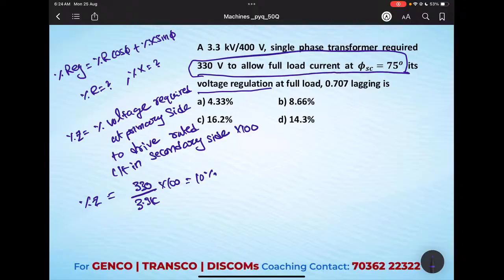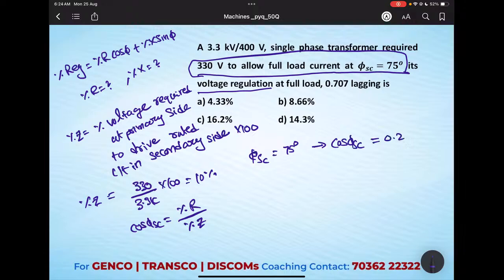You might have studied in networks that cos phi SC is equal to percentage R divided by percentage Z, where phi SC is given as 75 degrees. From this, cos phi SC comes to approximately 0.258. Sin phi SC is about 0.96.